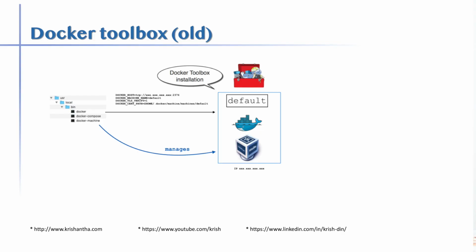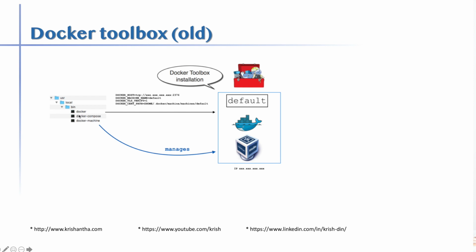Now they came up with Docker Desktop. Its architecture is a little bit different from Docker Toolbox. So this is the old version, Docker Toolbox, and this is how it works. You have mainly your operating system, and then some virtualization, usually VirtualBox, and on top of that it installs Docker.